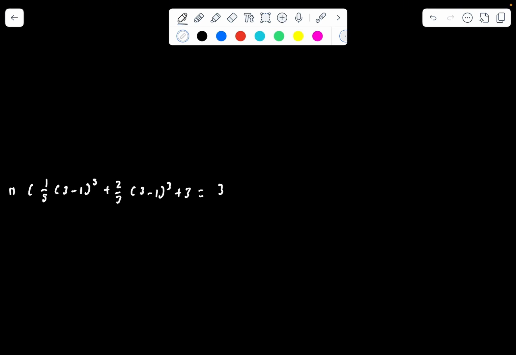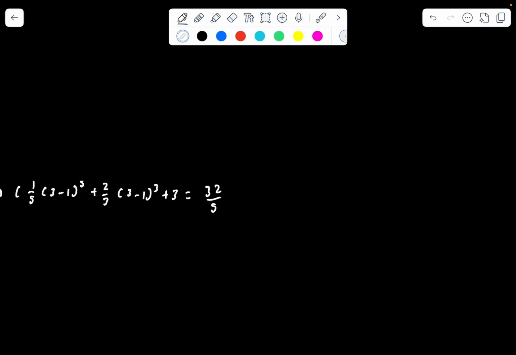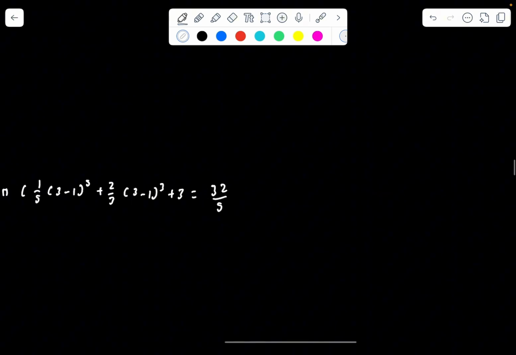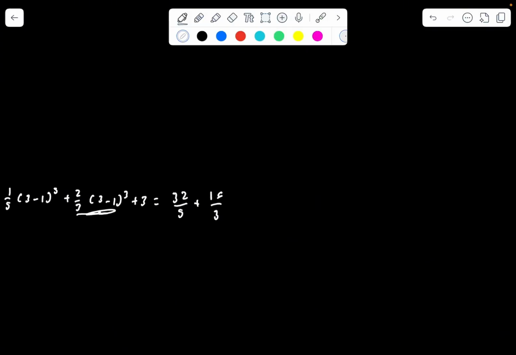So 32 over 5 here. For our next one here, it's also going to be 2. So remember that it's going to be 2 times 2 times 2, which is obviously going to be 8. 8 times 2 is going to give us 16, and it should be positive 16 over 3. And then after this, it's just going to be plus 3.